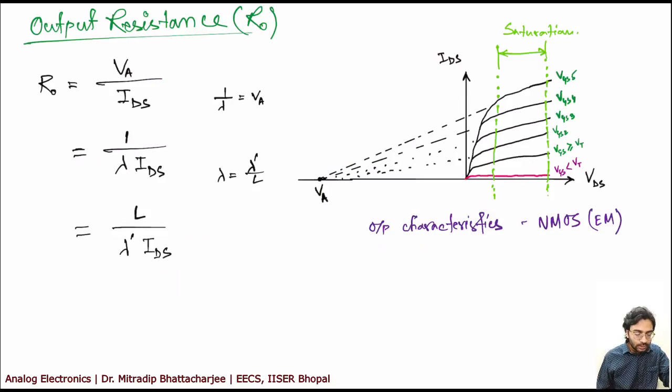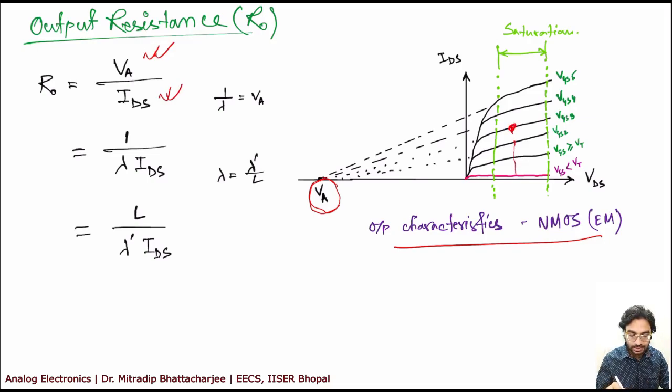The next is the output resistance, which I already have discussed. If you have the output characteristics, you know the VA value. So your output resistance will be (VA plus VDS1) divided by IDS1, where this is IDS1 and this is VDS1, your bias point.